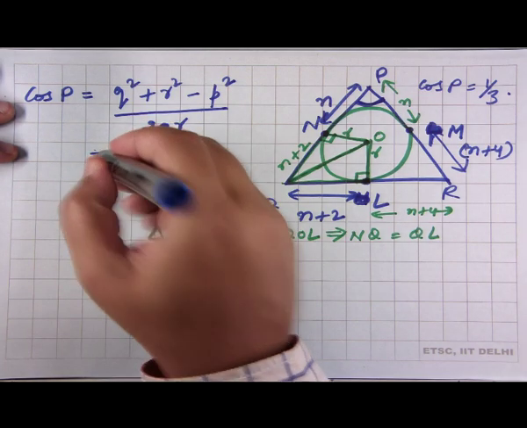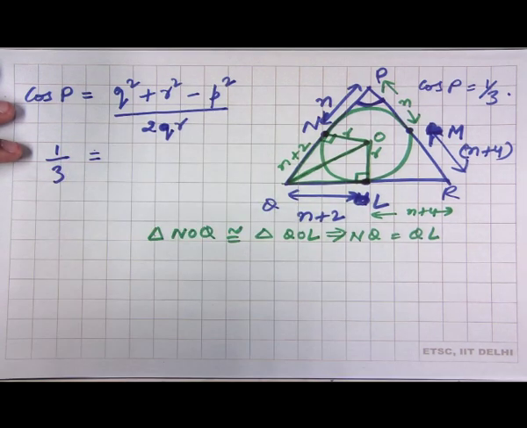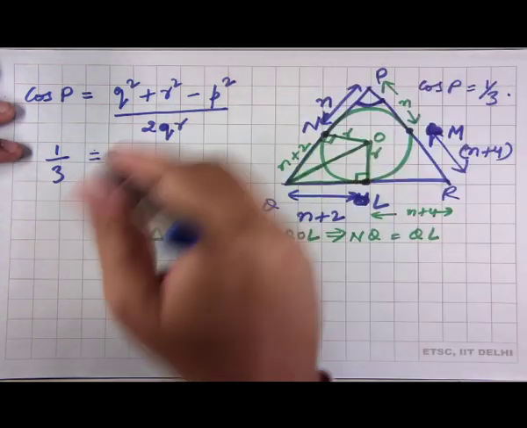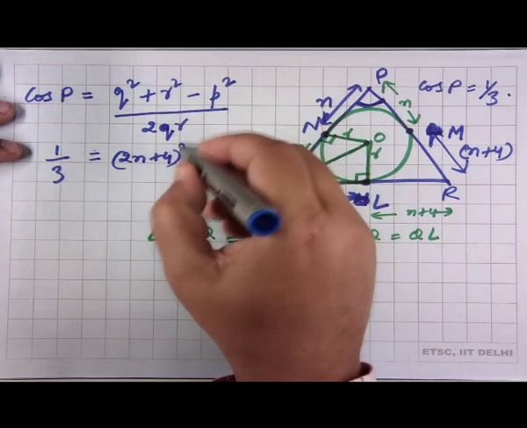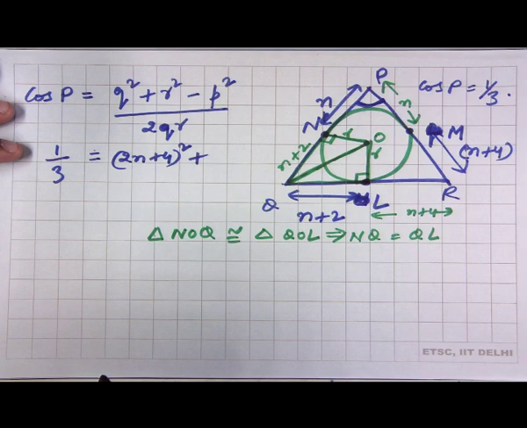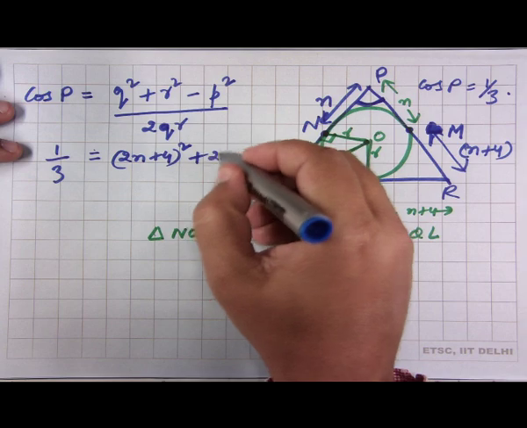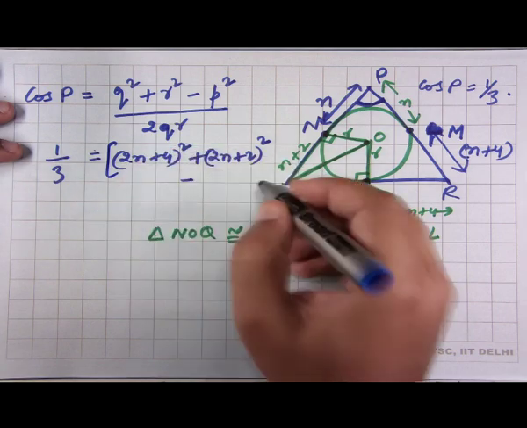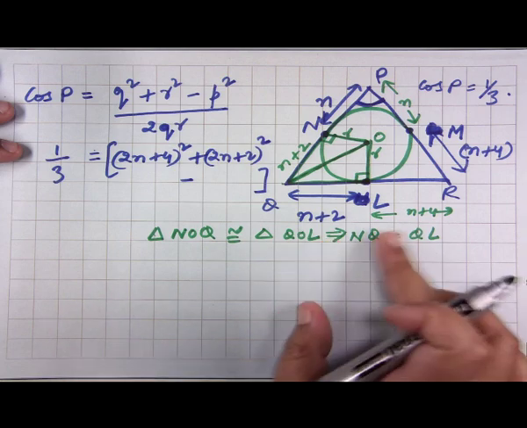which is equal to, now this cos P is equal to 1 over 3. So, this is equal to, now q is equal to 2n plus 4. So, 2n plus 4 whole square plus, and r is equal to 2n plus 2. So, 2n plus 2 whole square minus p square. So, p is 2n plus 6.